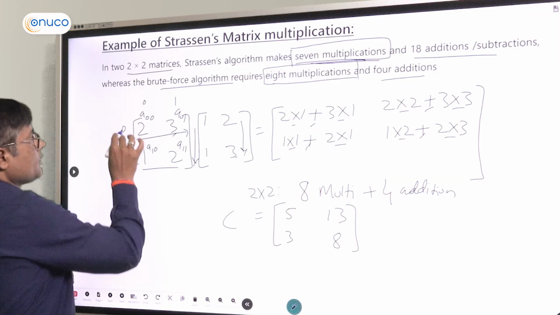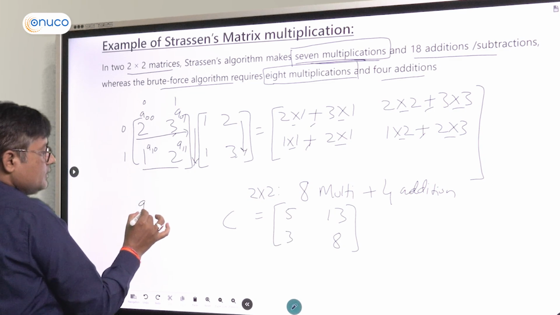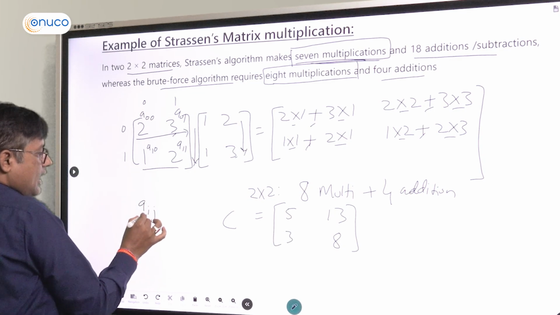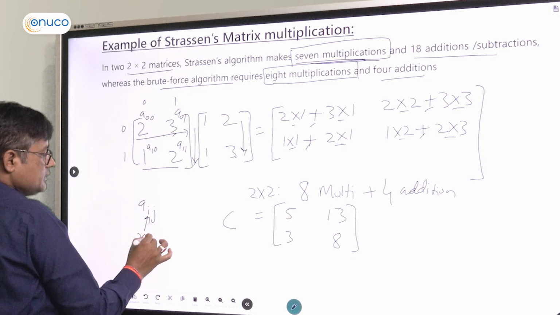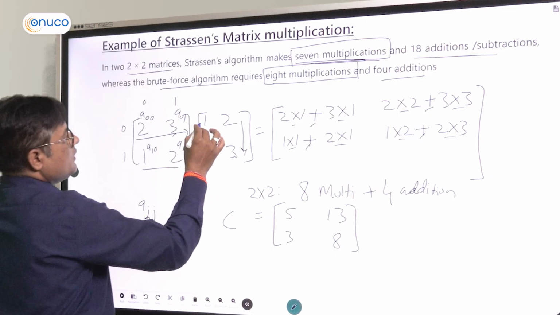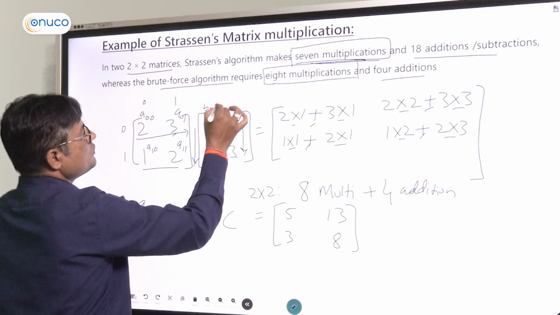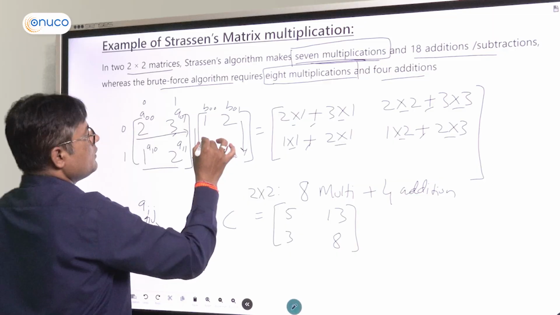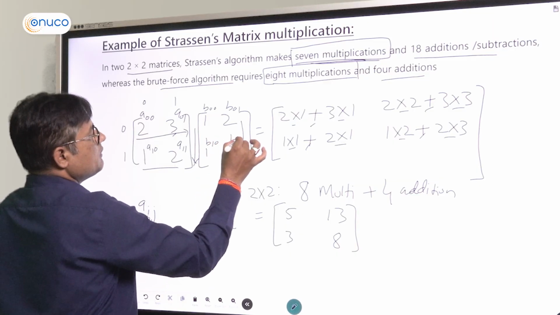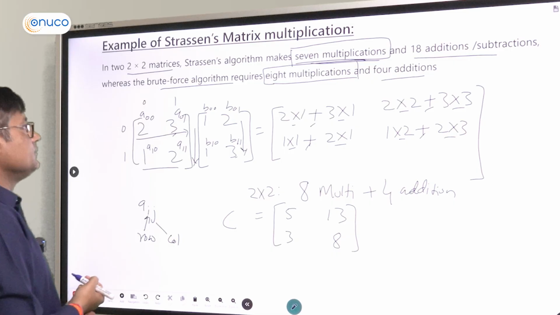Like row and column. If you are writing A of ij, i is the row representation and j is the column representation. Similarly, here also we can do it. Since it's a B matrix, we can write it as B00, B01, B10, B11, and you are going to perform the task. Alright.